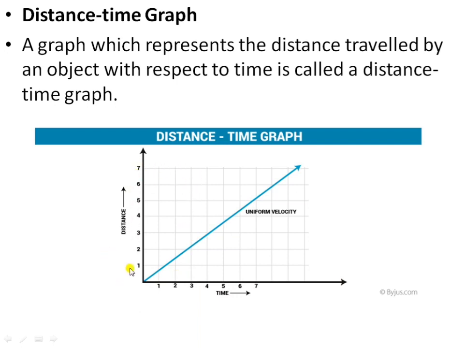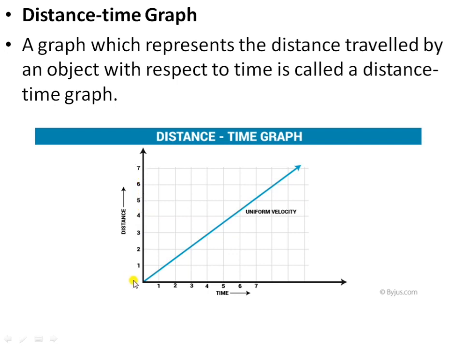You can choose a scale to represent the distance and the time. For example, one can take time as 1 minute, 2 minutes, 3 minutes, 4 minutes and 5 minutes. In the same way, distance is 1 kilometer, 2 kilometers, 3 kilometers and 4 kilometers, and in the same way 5, 6 and 7.